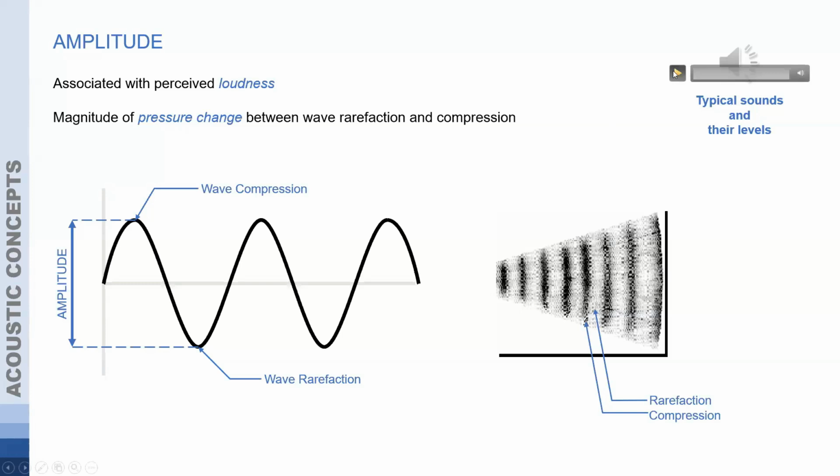So that's Backyard insects, 50 dBA. Automobile interior at 30 miles per hour, 60 dBA. Restaurant noise, 70 dBA.